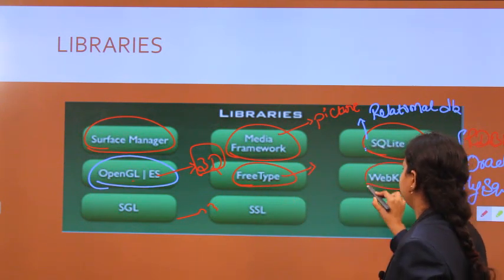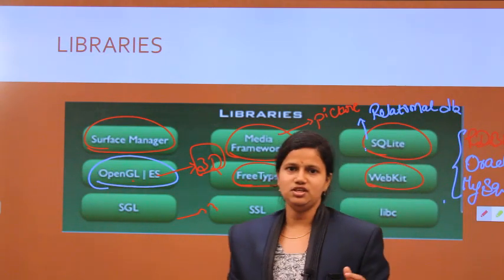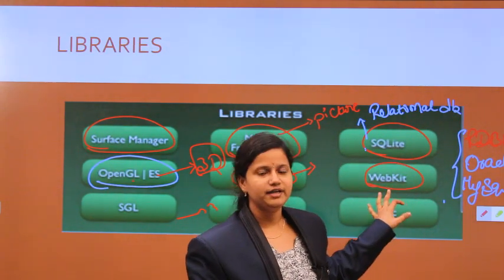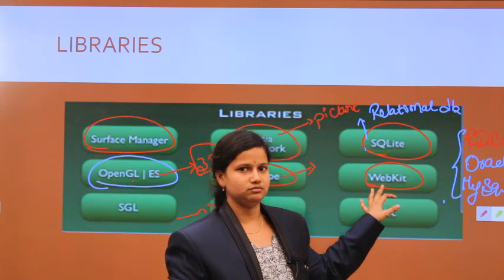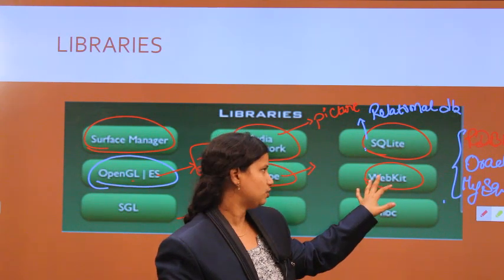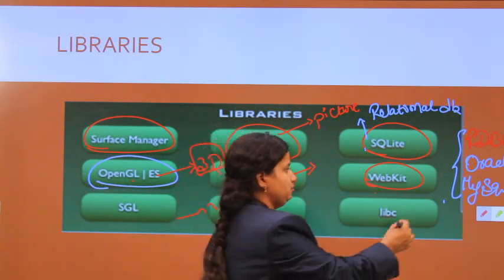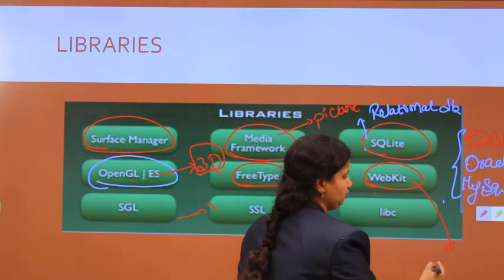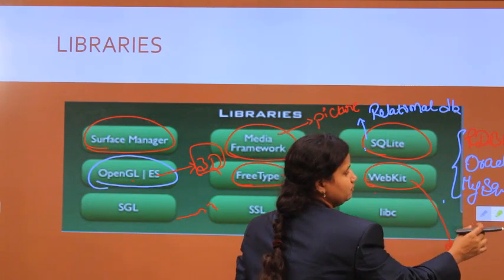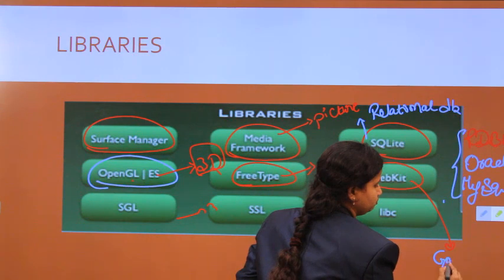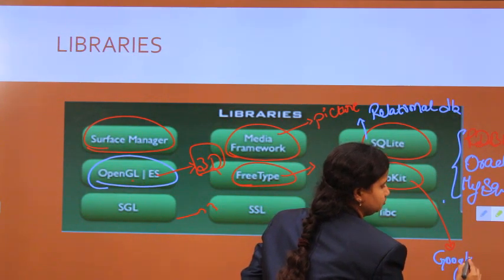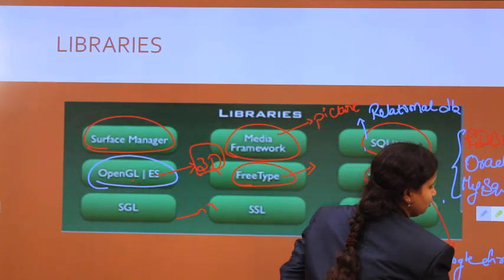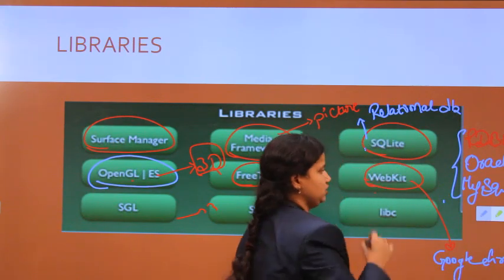And the next one is WebKit. This WebKit will allow different types of web browsers. What are the different types of web browsers that are available? Google Chrome is one of the web browsers. Different browsers are allowed by using this WebKit.